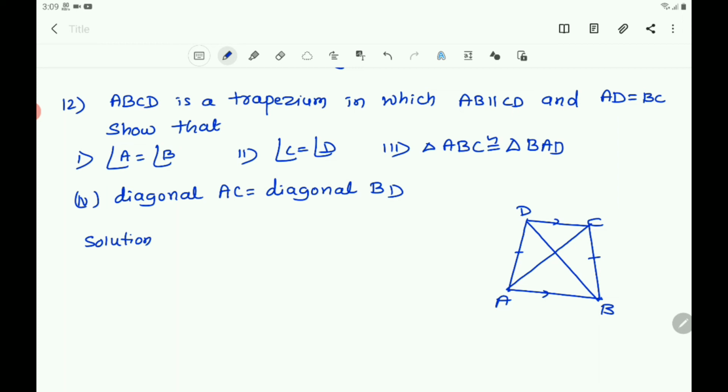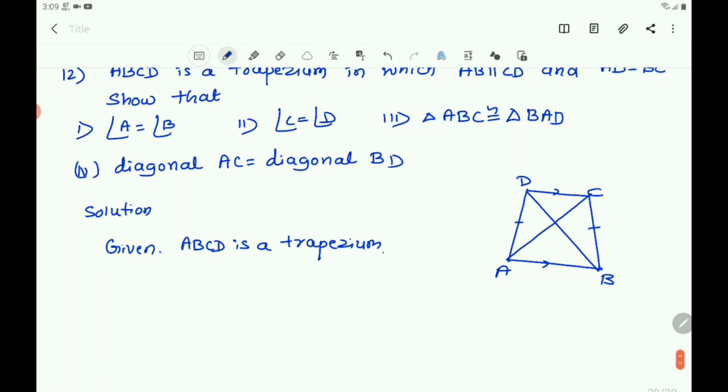Now write the given here. What is given? ABCD is a trapezium. ABCD is a trapezium, and also it is given AB parallel to CD.